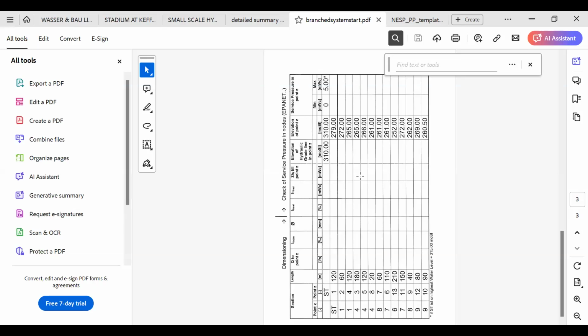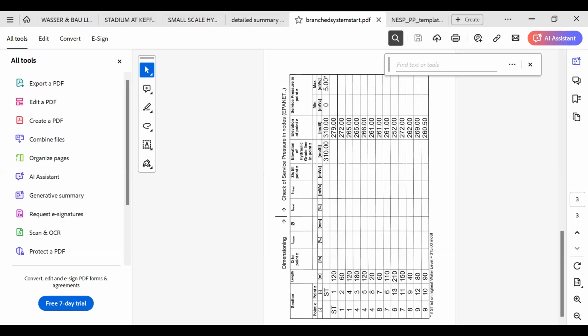The elevation of point storage tank is 310. Check the map. Elevation of point 1 is 279. Elevation of point 2 is 272. Elevation of point 3 is 265. Listen, hold on. But when you want to do the distance, it is now 2 sections. The distance between 2 sections.